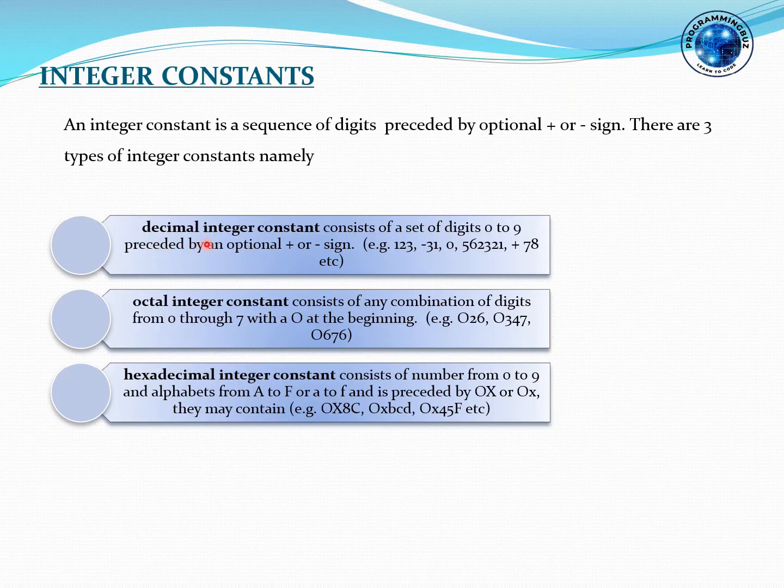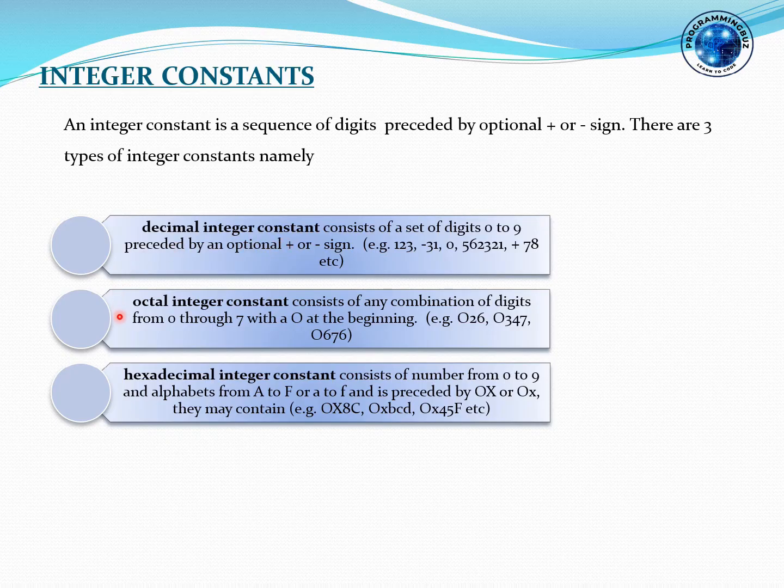Therefore this decimal integer constant also contains the digits from 0 to 9, and it can contain a plus or minus sign. Any number having digits 0 to 9 is considered a decimal integer constant. For example, 123 is a decimal integer constant, minus 31, 0, and so on.